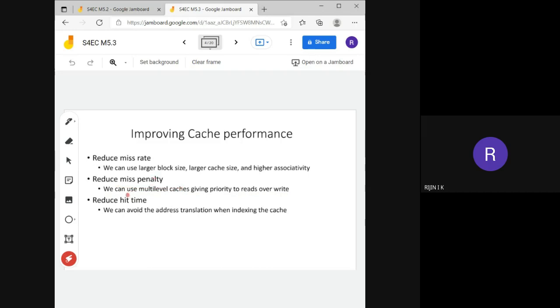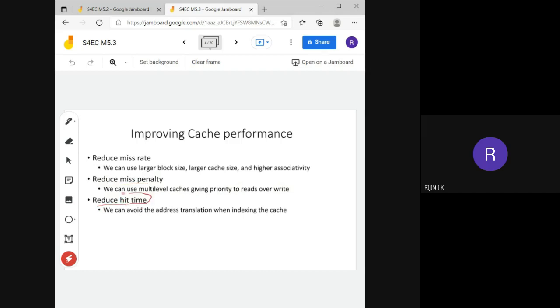Multi-level cache means there are different levels of cache we have discussed in the memory hierarchy: L1, L2, L3, likewise. For reducing miss penalty, we can use this multi-level cache, and also give priority to read over write.